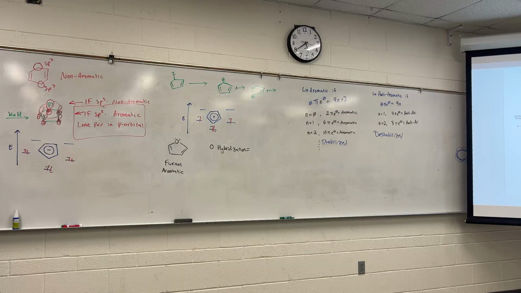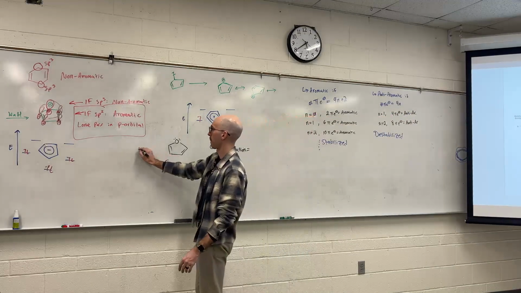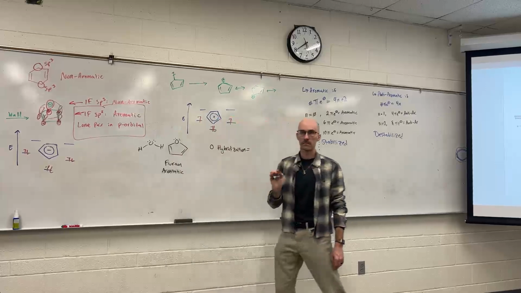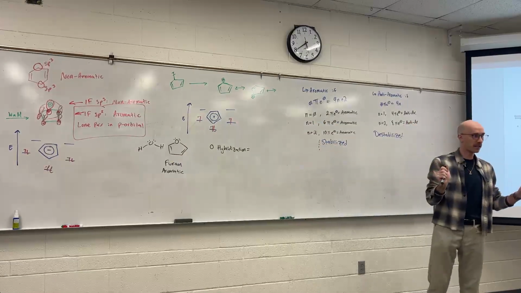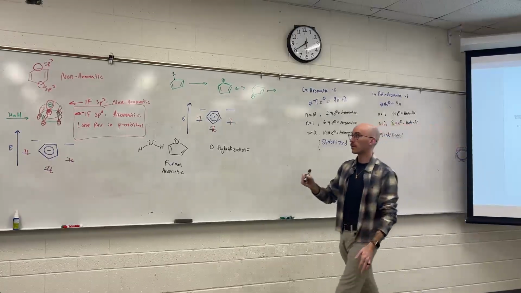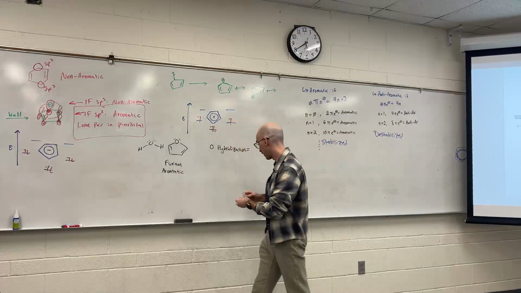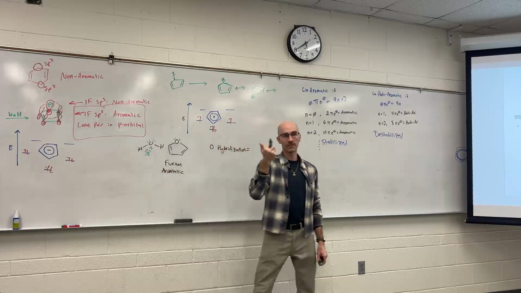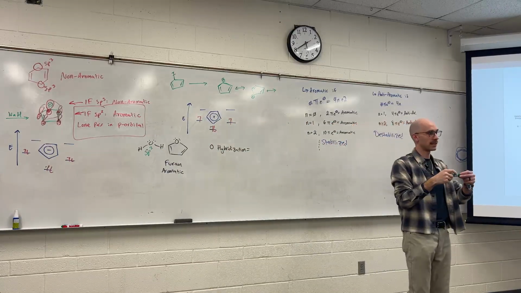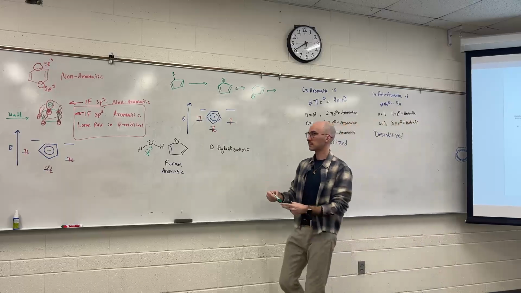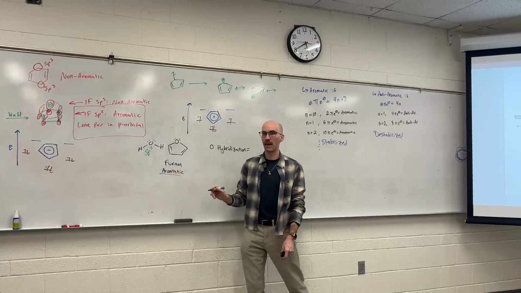sp3. For context, here's water. Very similar bonding environment, 2 single bonds, 2 lone pairs, and water is sp3. That allows the oxygen to minimize electron repulsion. Furan is aromatic.